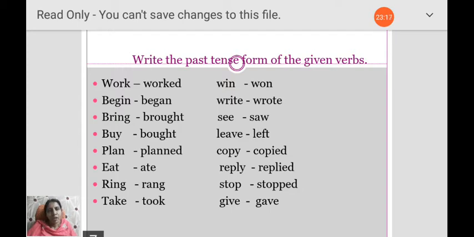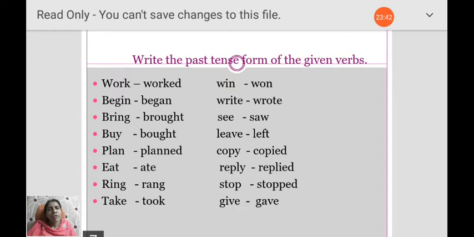Buy, bought. Okay, so look at these two verbs, bring and buy. Many students get confused in the past form of the verbs and also in the meaning.